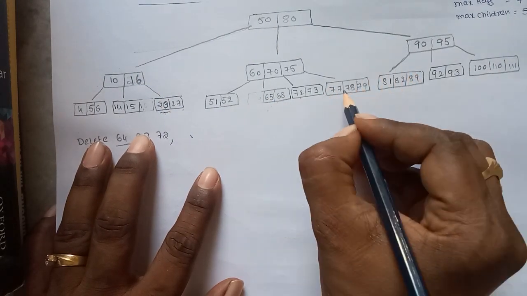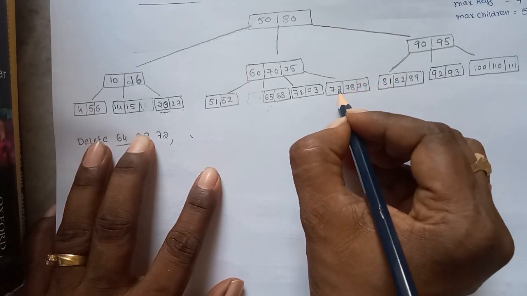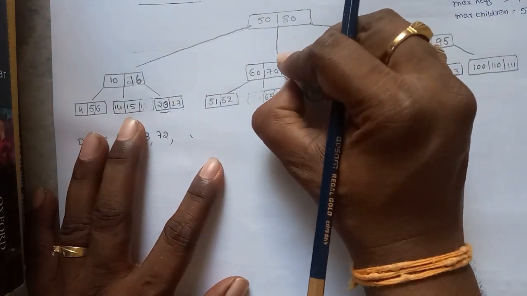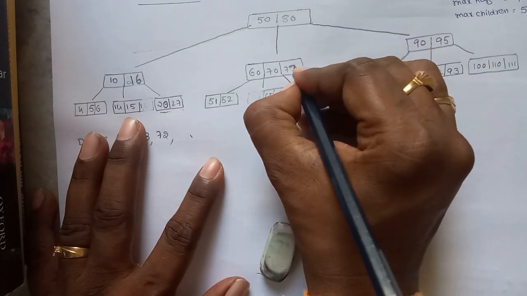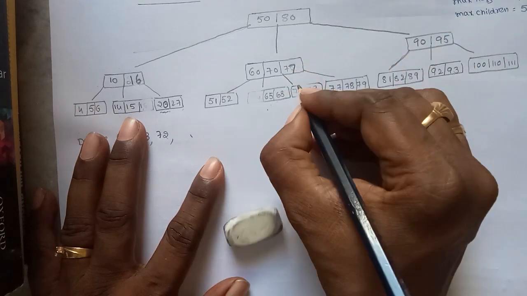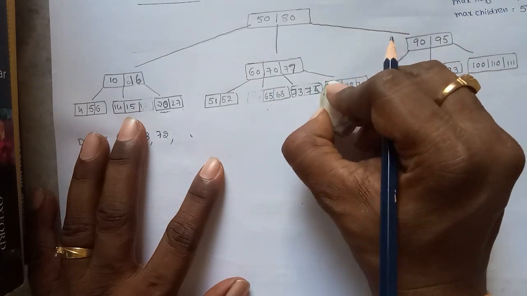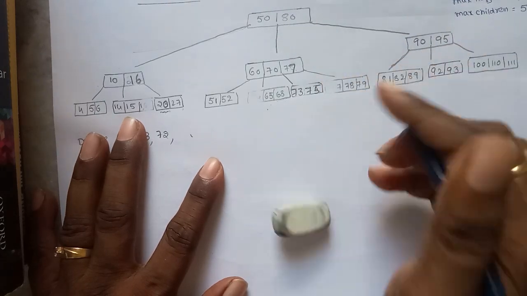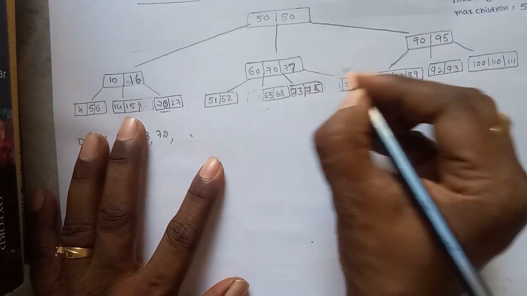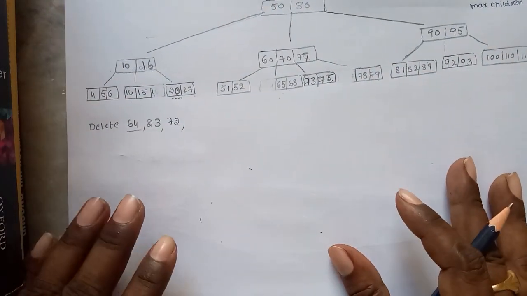Now in this case we are borrowing from the right sibling, so the smallest value from the right sibling is copied into the parent, that is 77, and the parent value 75 is copied into this node, so 73, 75, and 77 is removed from this node. Now this is the tree. This is the concept of 72 deletion.